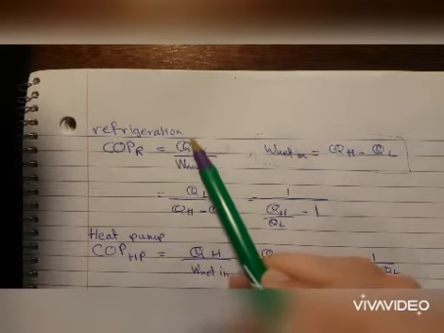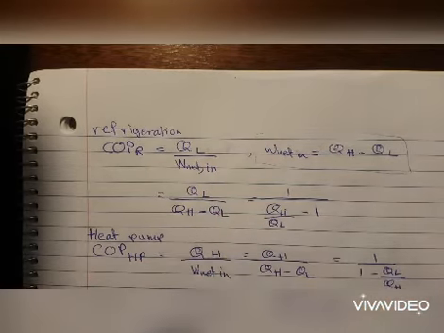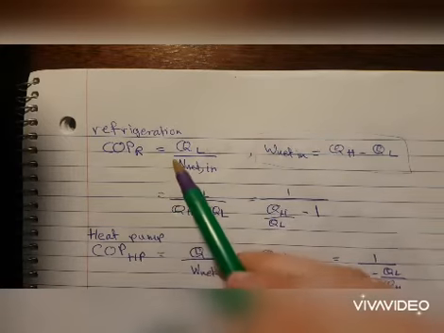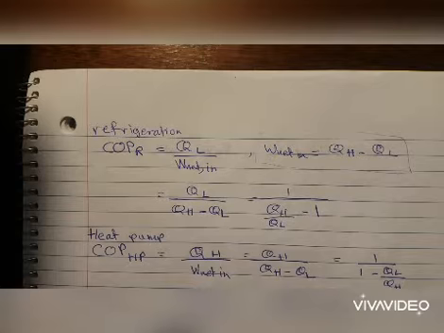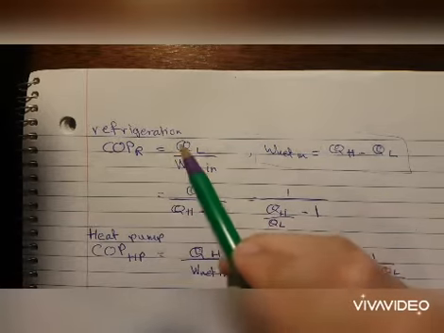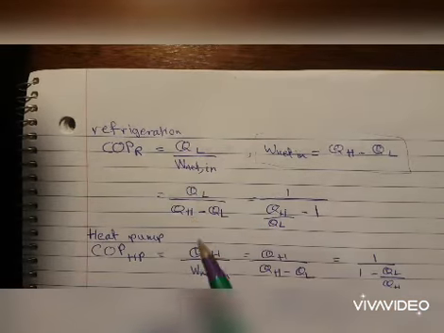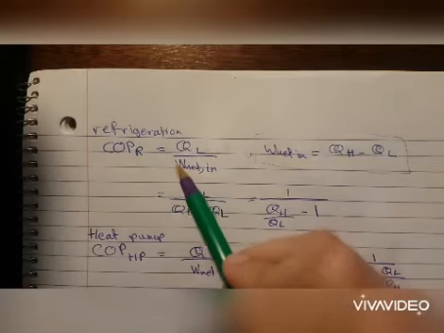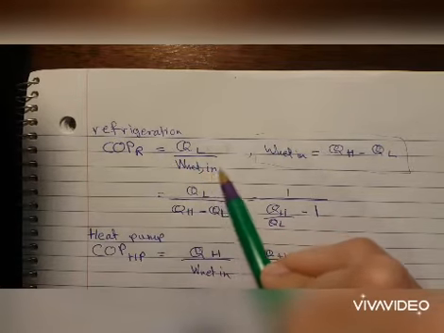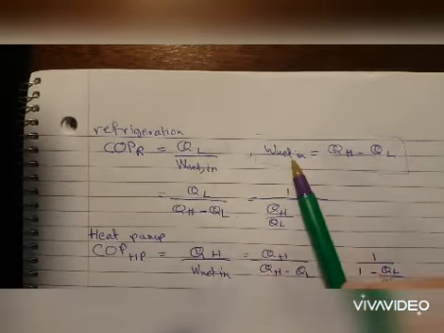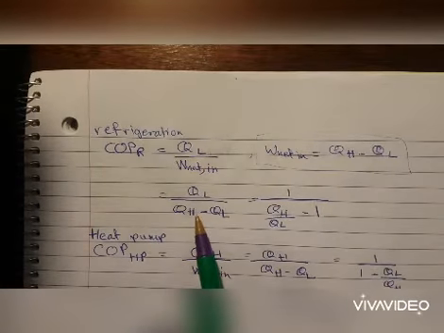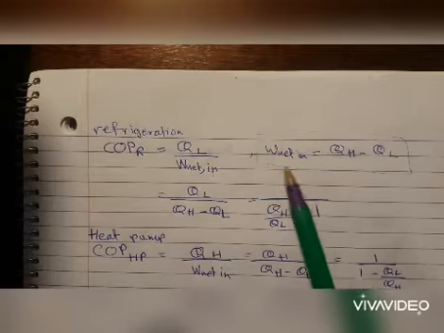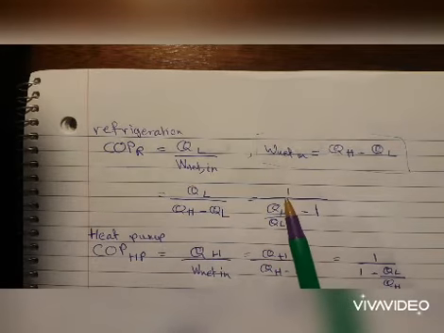And what's the cost of maintaining that cold temperature? It's work net in, and we know work net in is equal to QH minus QL. We just sub that in over here and simplify it to get this equation.